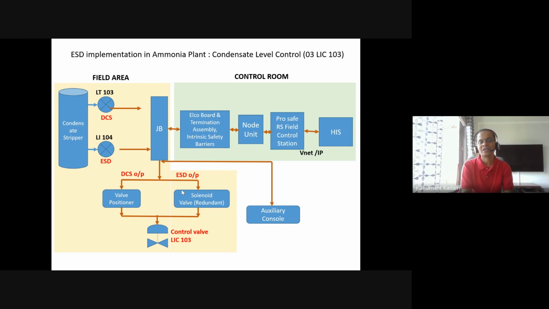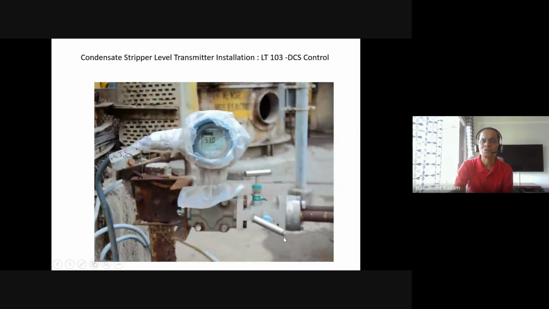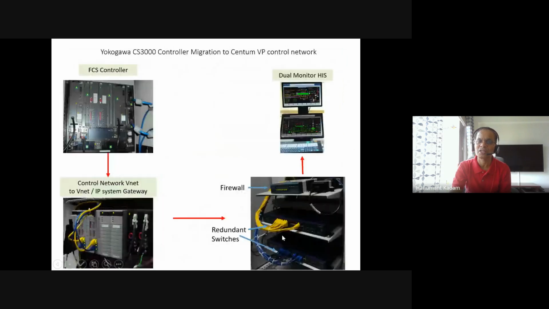When a system like DCS is 99% reliable, we still operate through the emergency shutdown system. Then, third, we also have a human interface station, the auxiliary console. I will show you the auxiliary console picture first and then come back here.